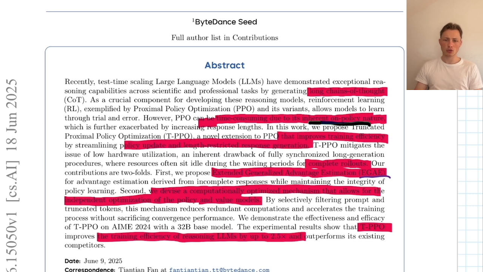They want to introduce here two ways, or actually the idea is, let's truncate a sequence so that we don't have to wait until all sequences are generated, because this can take a lot of time, especially if you think about batch training. Let's say we have 16 sentences or 16 tasks for our language model, and one task is very easy and the other one takes a long time.